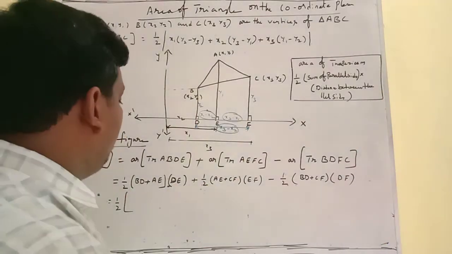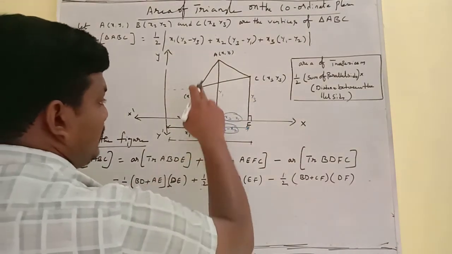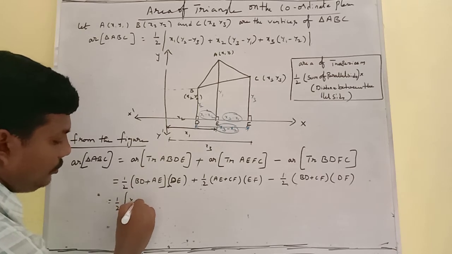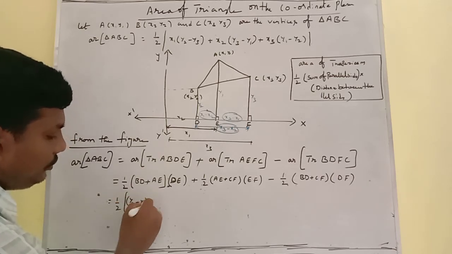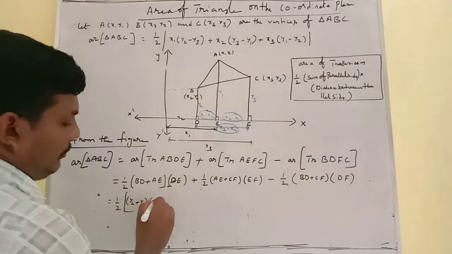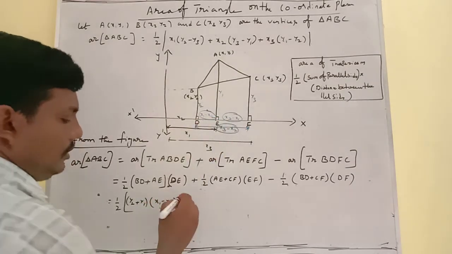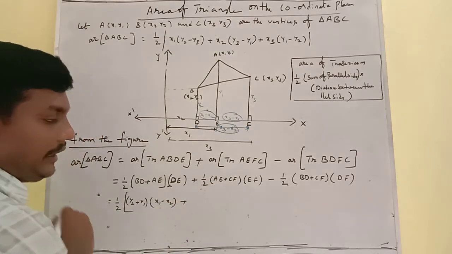Then BD plus AE, BD is equal to Y2, AE is equal to Y1. This is Y2 plus Y1 into DE, which is nothing but X1 minus X2, plus half already taken as common.